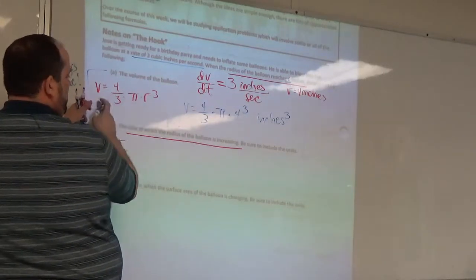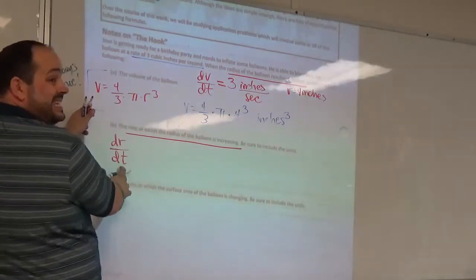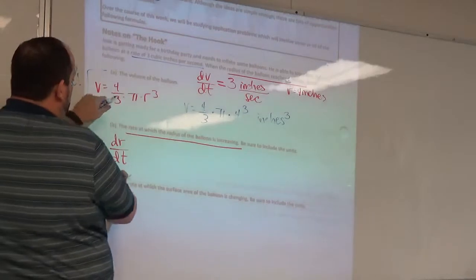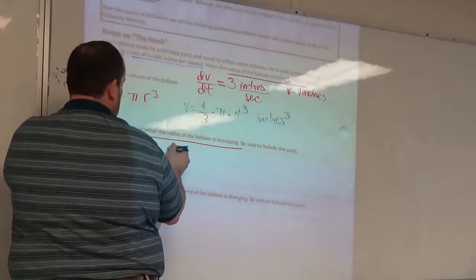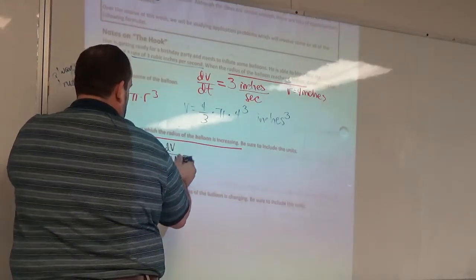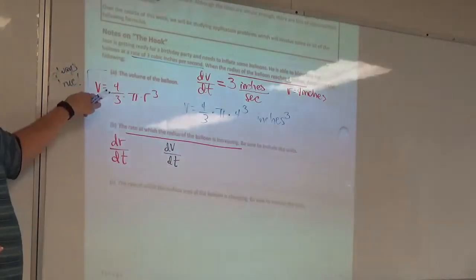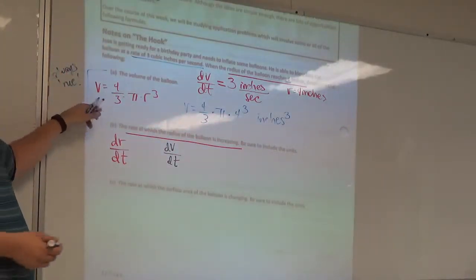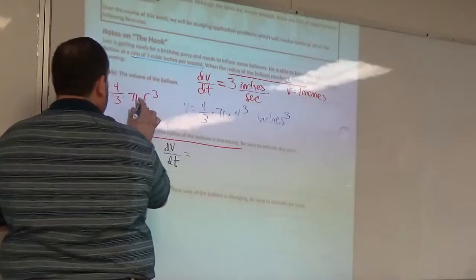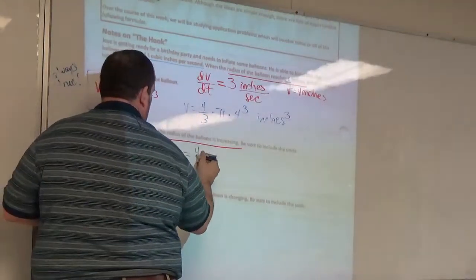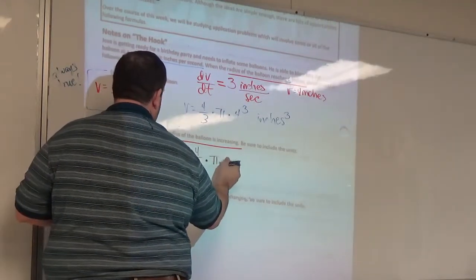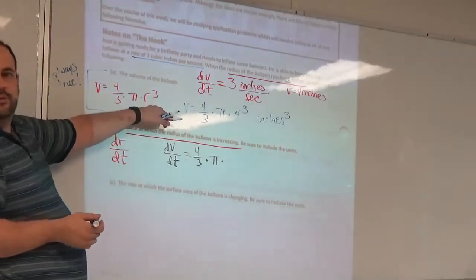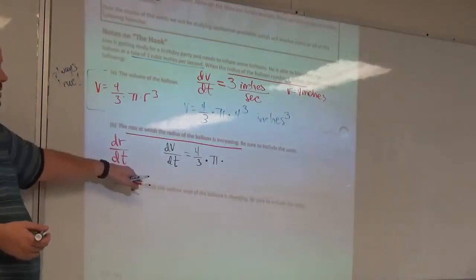We're going to take the derivative on both sides, but t is the variable. So the derivative of V is dV/dt. It's how the volume changes over time. Is equal to, check out the derivative on the right, 4/3 times pi. I need the derivative of r cubed with respect to time.